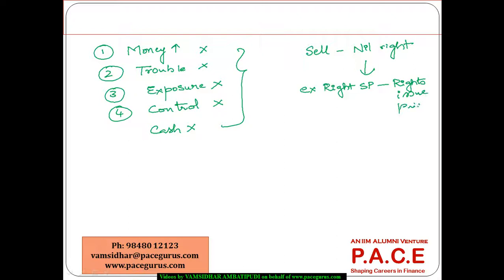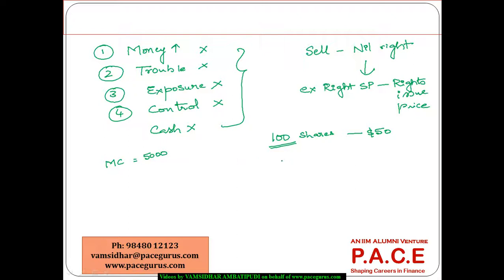Now probably just to see, let's understand this. Initially I'll take a simple numerical example to explain. Initially there are 100 shares of a company, each sold at $50 a share. So the initial market capitalization was 5,000.